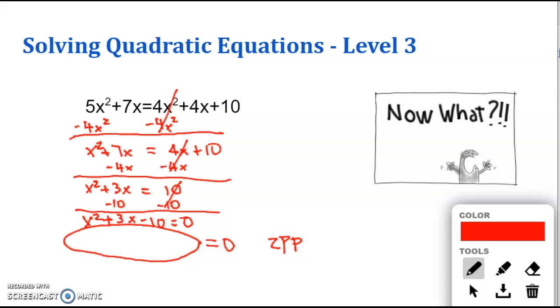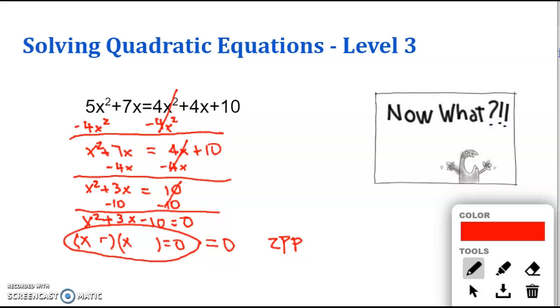Okay, so I have just converted this complicated equation into a form that I can easily factor. How do I do that? So again, this is my easy factoring. I put my factors x and x here. I'm looking for two numbers that multiply to negative 10 and add to positive 3.